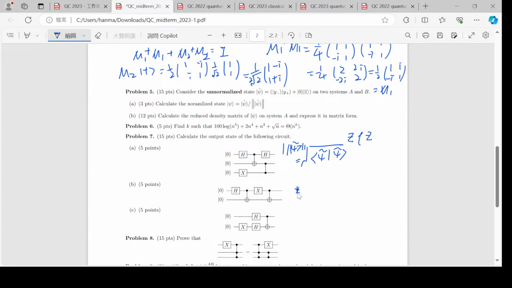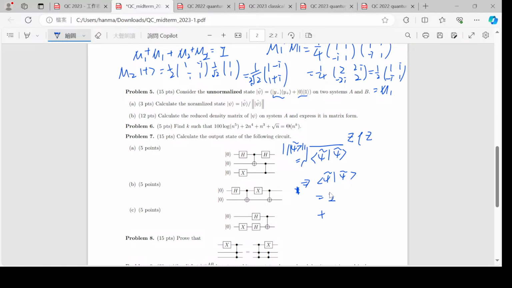Anyway, the inner product with itself equals, so there are 4 terms, and those 2 states are normalized by themselves. So we just have the inner product with itself giving 1, and 2 of them giving 2, and then you have the cross terms.